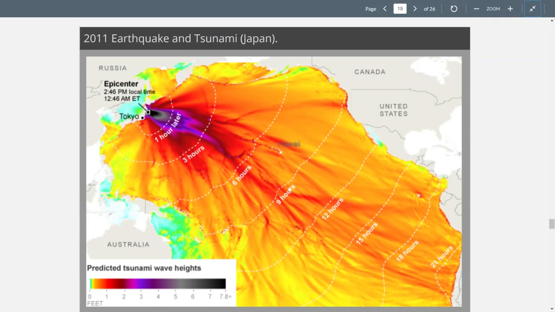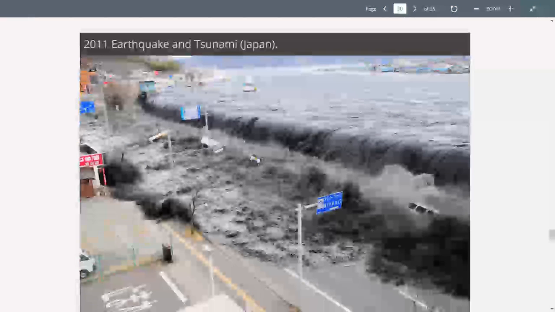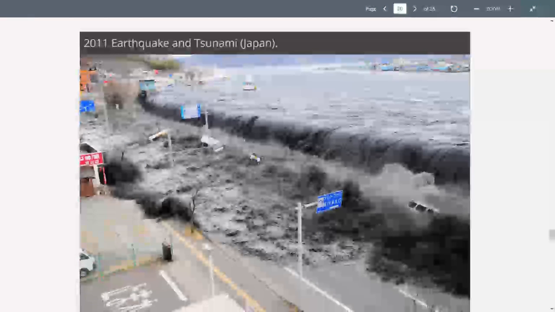Here you can see the predicted tsunami wave heights in relative condition in the entire Pacific Ocean. So we did have a little bit here over on the west coast of the United States. Obviously, it took a few hours to get here, but unfortunately for the people here in Sendai province, that wasn't the case. Here is what happened.